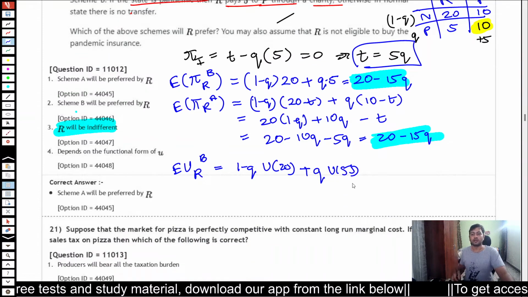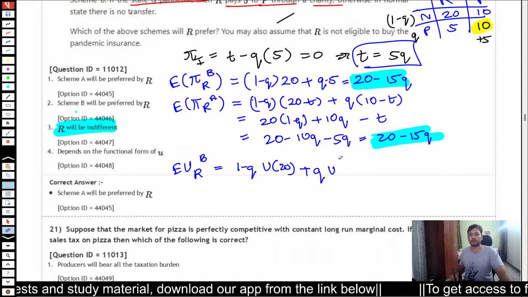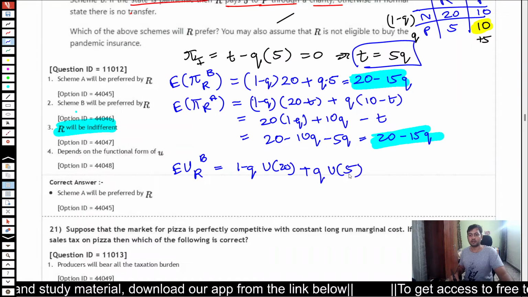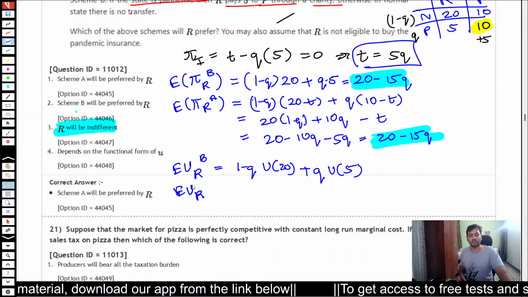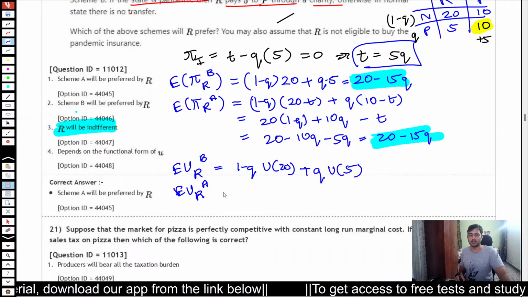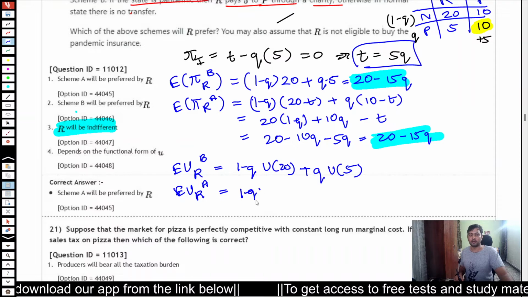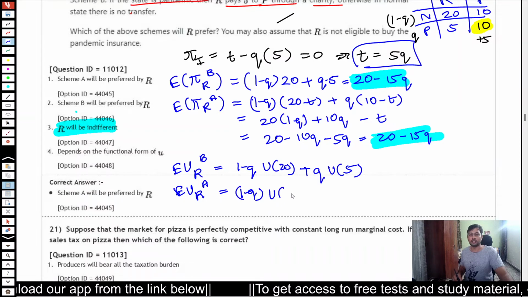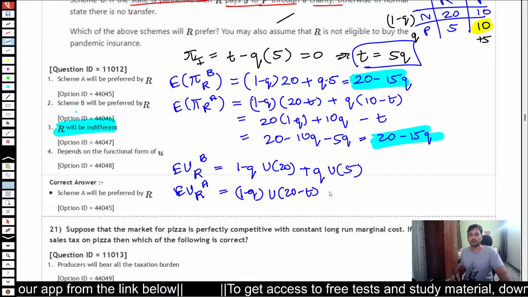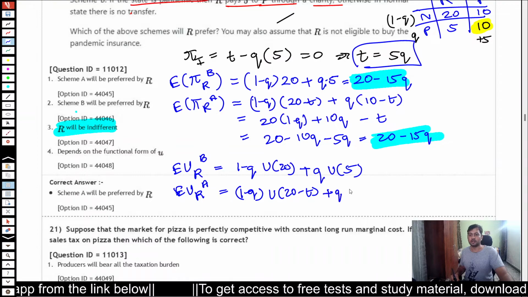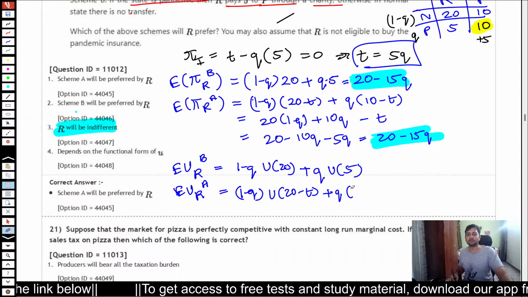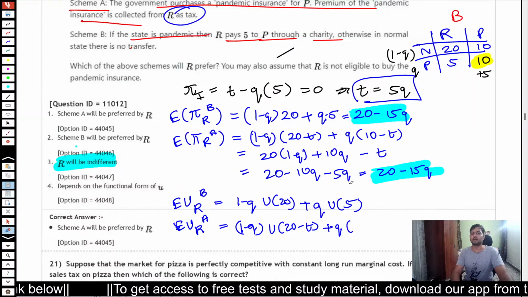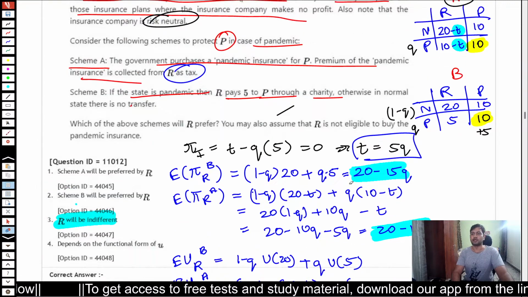And the expected utility of the rich guy in case of scheme A is going to be equal to 1 minus Q times utility of 20 minus T plus Q times utility of 10 minus T. Okay, so 10 minus T.